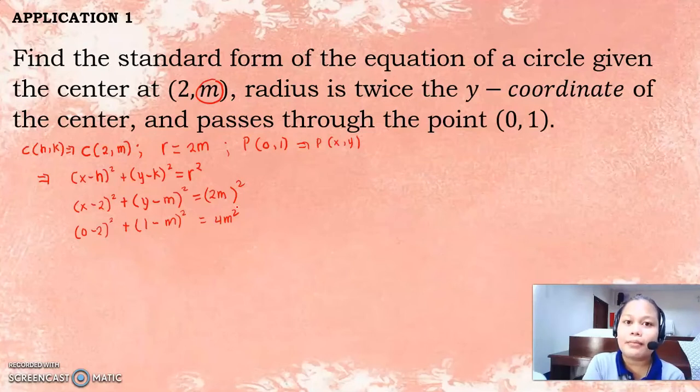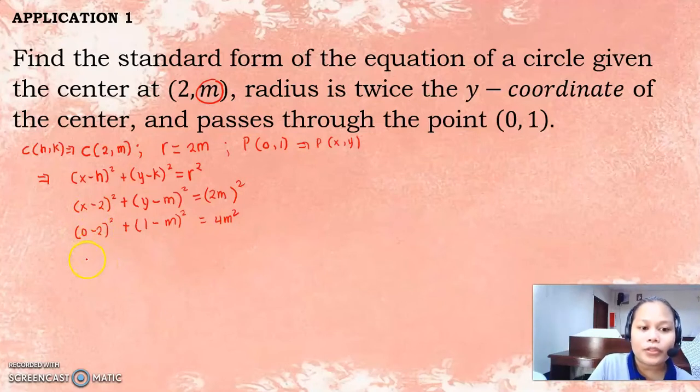Since m is the missing information that we are going to find out to complete the standard form of the equation of a circle, given the conditions. So, we are going to simplify now. So, we have 0 minus 2, we have here negative 2 raised to the power of 2 plus.